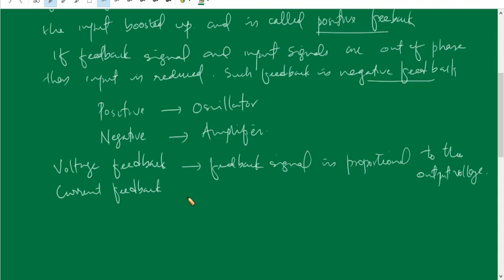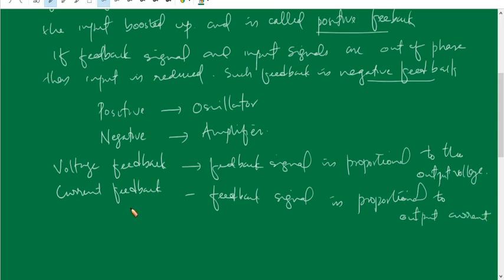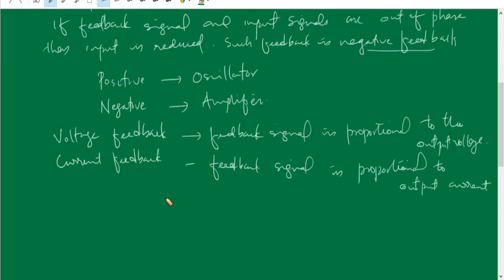In current feedback, the signal is proportional to the output current. If the feedback signal is proportional to the output current, it is called current feedback.